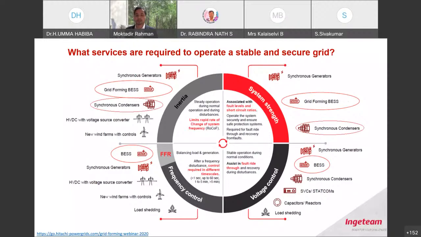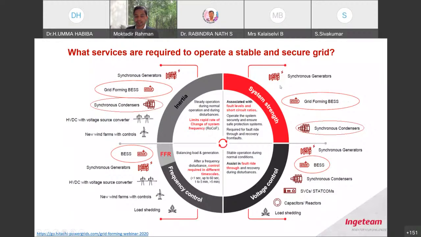So this is a summary of some technology that can help to support the renewable integration into the grid. For example, the system strength, the grid strength, how we can increase the grid strength. The synchronous generator, but the synchronous generator is now being displaced by the grid-following renewable technology.